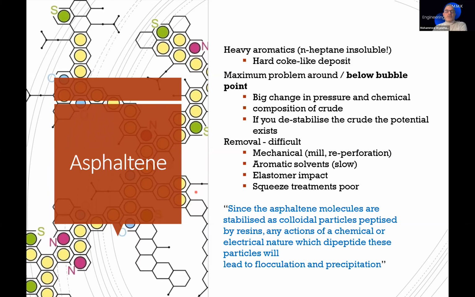Is there any squeeze treatment we need to do? Even if we do a squeeze, maybe it's not successful the first time. So asphaltene is a big problem for us when we have this kind of problem inside the wellbore.